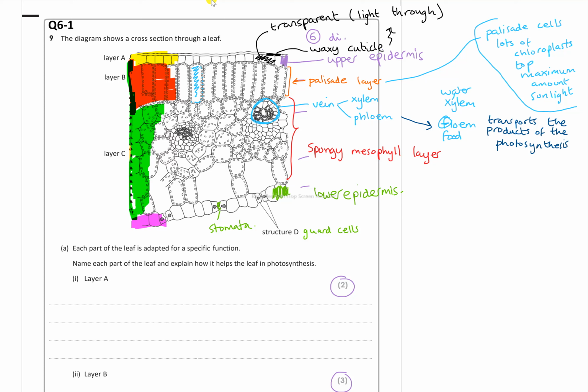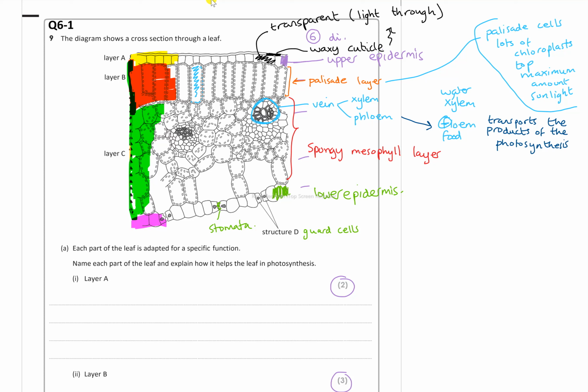It transports those. Where does it transport those? Around the plant, wherever it's needed. And xylem is for water, because water is needed for photosynthesis anyway.